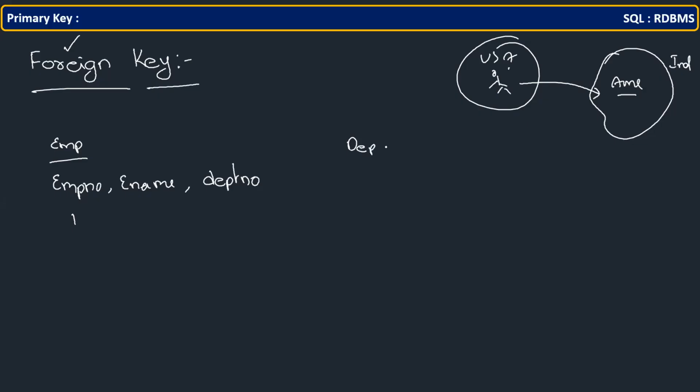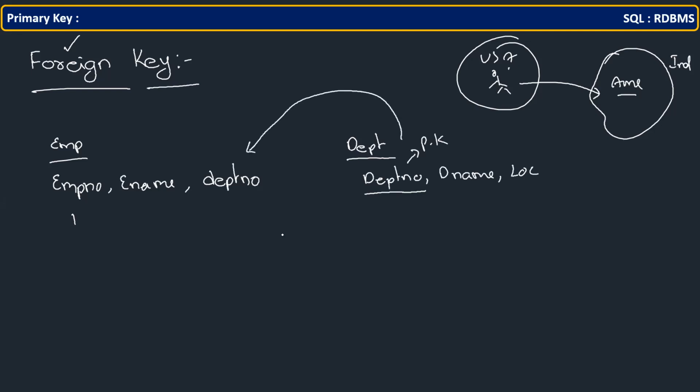DEPT table, and here DEPT number, D name, department name, and we have a location, some other columns. So this is the primary key here, and this primary key you are using here. So that is why this will become the foreign key. Got the point or not?